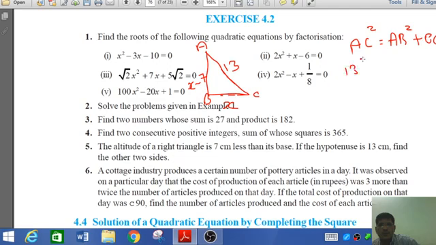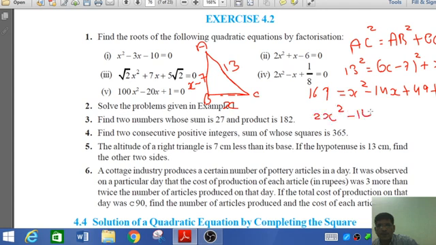So 13 square is equal to x minus 7 whole square plus x square. If I open it, 169 equals x square minus 14x plus 49 plus x square. So x square plus x square, that is 2x square, minus 14x plus 49 minus 169.